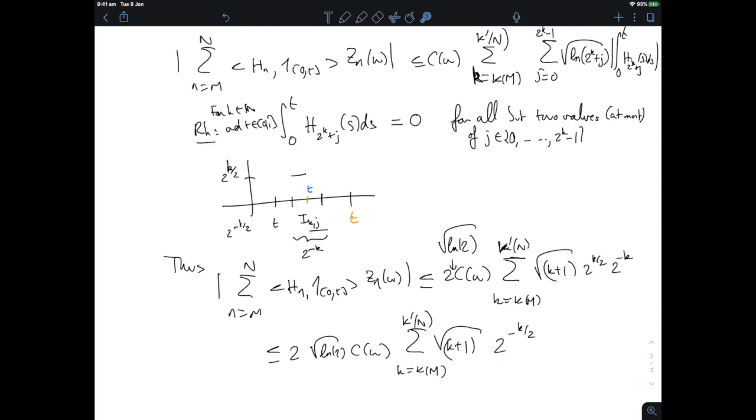Therefore, the partial sums have to be Cauchy. So this goes to 0 as m goes to infinity, because obviously if m goes to infinity, km, which is the closest value of k so that 2 to the k is just a little bit below m, goes to infinity, and the sum goes to 0.